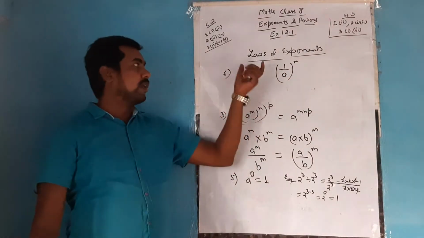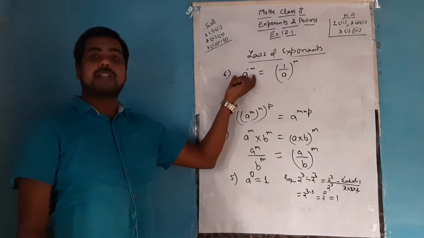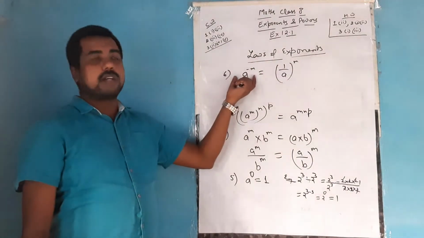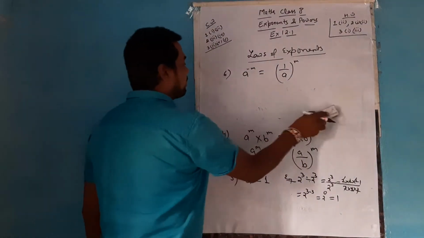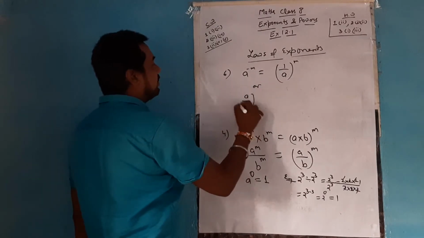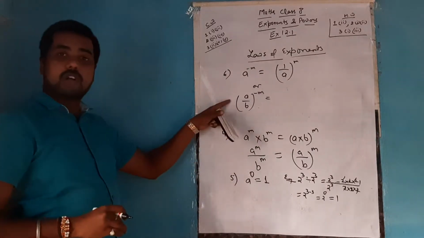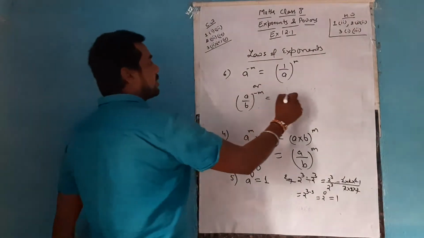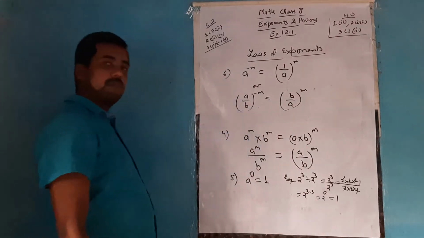Always remember, when the powers are negative, in that case you need to make the reciprocal of the base. If a single number is there, that will come to the denominator. But suppose if a fraction is there, like if it is a by b to the power minus m, so you need to make the reciprocal of the base. So the reciprocal of the base becomes b by a to the power m.